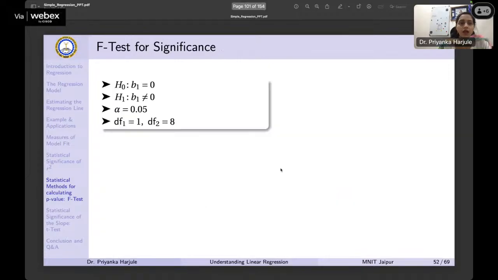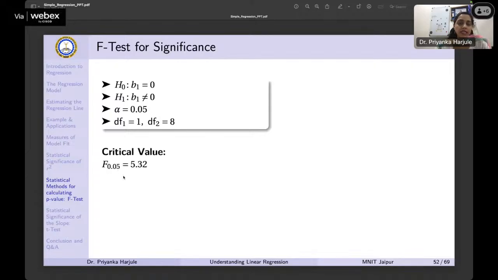Now, as I had already explained in the evaluation metrics slide, any hypothesis testing works by coming up with a null hypothesis and an alternate hypothesis. In this case, your null hypothesis is that your slope is equal to 0, and the alternate hypothesis is that it's not equal to 0.